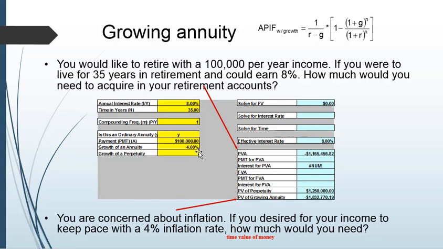So how much will we need to invest if that's the cash flow we get? When you put in 4% here, down below, you'll see the present value of a growing annuity is $1.83 million. So give or take, about $700,000 more needs to be invested if you want to keep up with inflation.